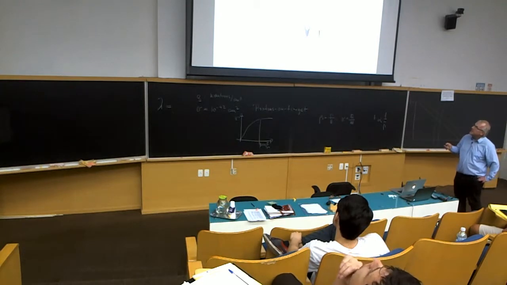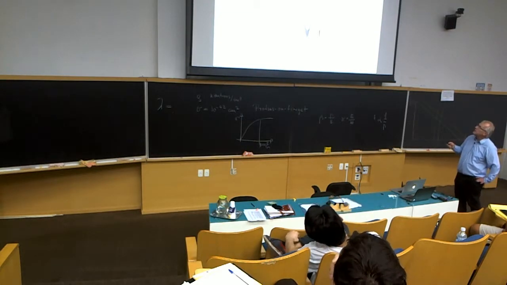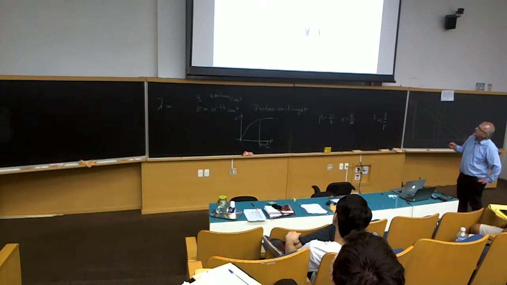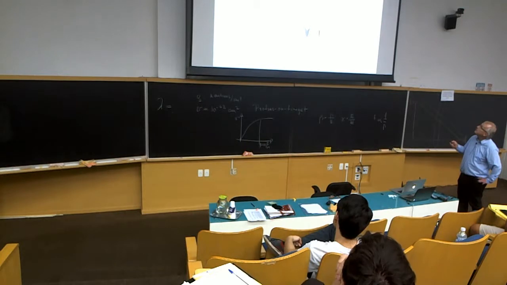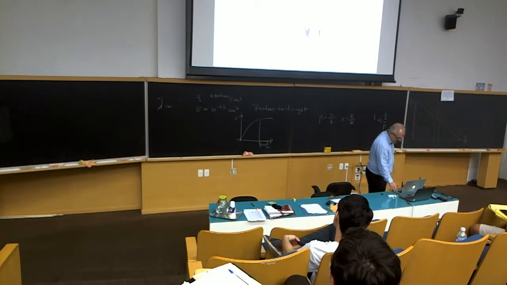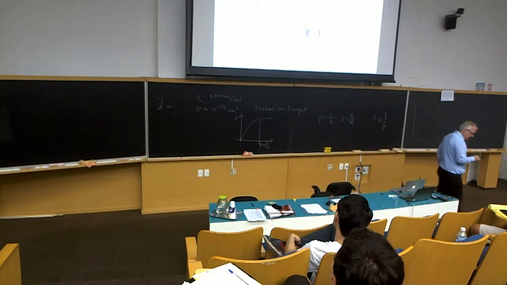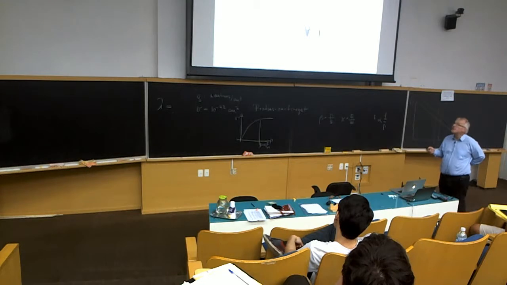This is the KamLAND measurement which we had at the beginning, the solar oscillations, which we get for typical L over E's of 30,000 kilometers per GeV. Now, the energies that come out of the reactor, from antineutrinos, are of the order of 3 MeV. So if we want to look at the electron-neutrino survival probability, the probability that a neutrino is still an electron-neutrino when we measure it.